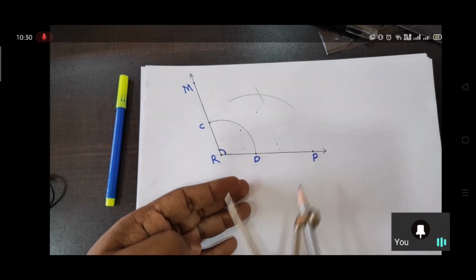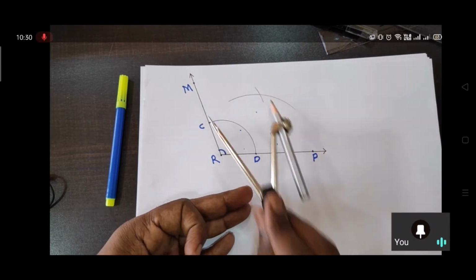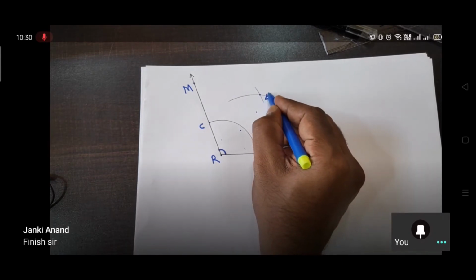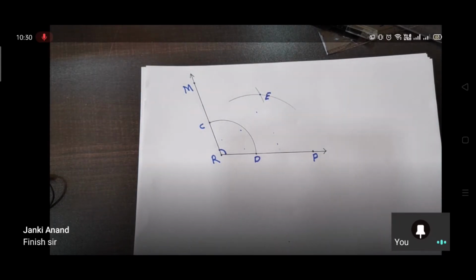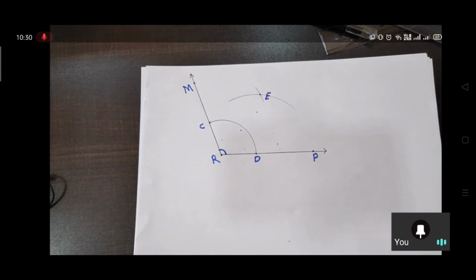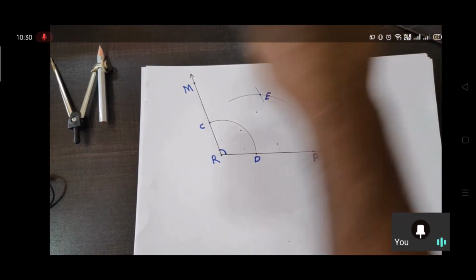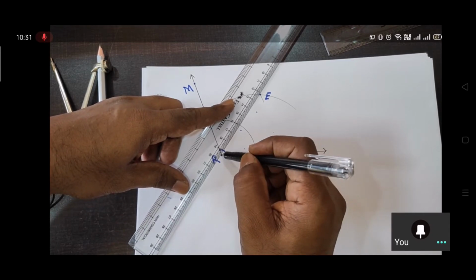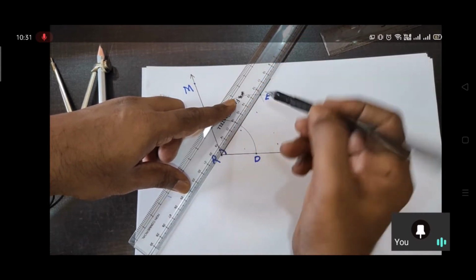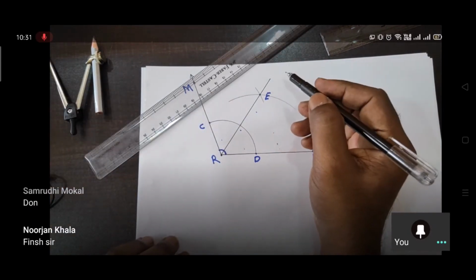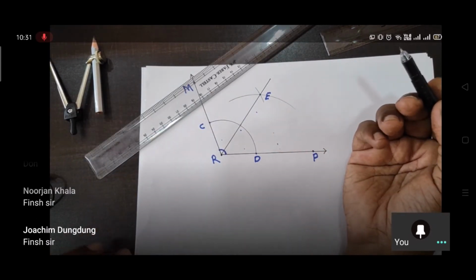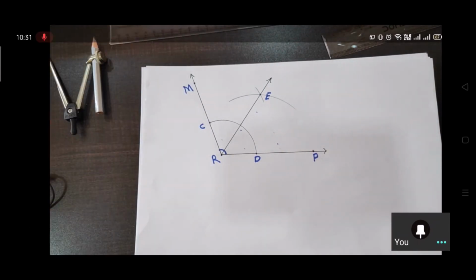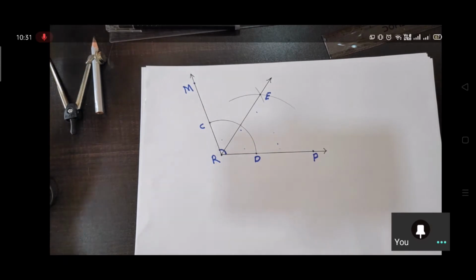I hope you can see it. And C, D, the next letter I will give is E, but don't give it here because the ray will come here. Either here or here, anywhere you can give. I will write here. This ray you have to draw. And here this arrow.